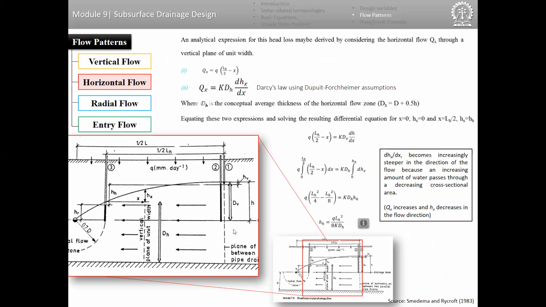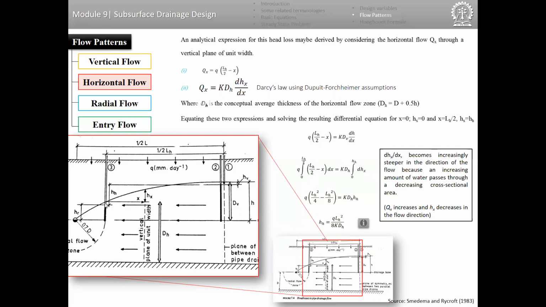If you want to calculate the head loss due to the horizontal flow, it can be calculated by finding the difference between the readings of the piezometers at 2 and 3. So this is the horizontal head loss, HH.